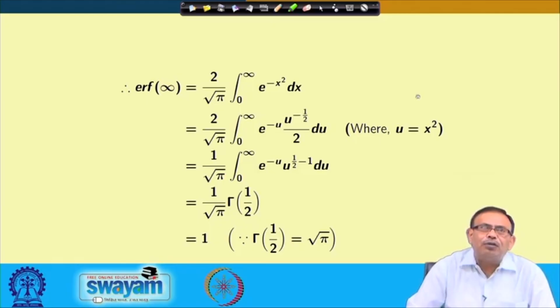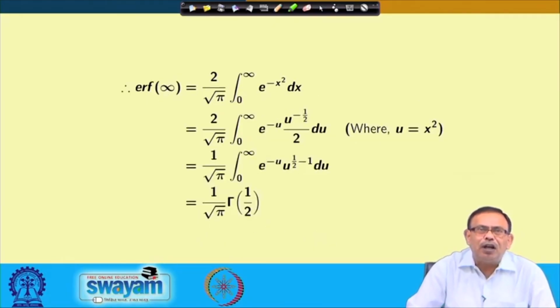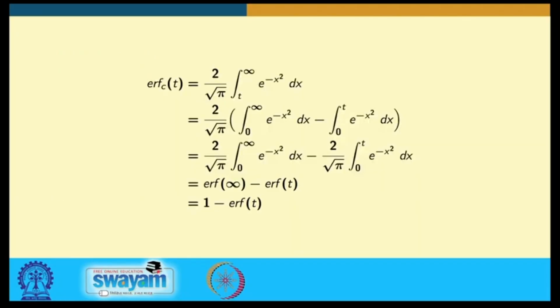There is another function which I call the complementary error function. You see, the ERF function is 2 by root pi integral from 0 to t of e power minus x square dx, and the complementary error function is defined as 2 by root pi integral from t to infinity of e power minus x square dx.